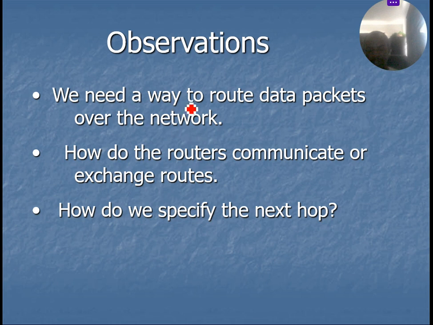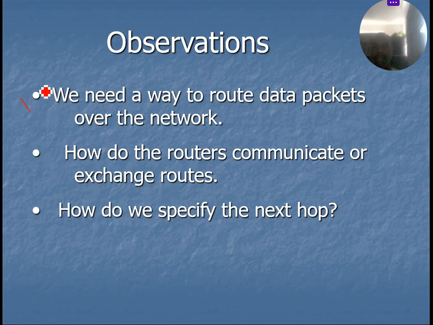Remember that a data packet in one computer in a network may want to be routed to another local area network that is different from local area network A. So we need to find a way to send these data packets to other MAC addresses in different local area networks, invariably using one router to route the data packets to another router where the destination computer or destination MAC address is located. So that's the first observation.